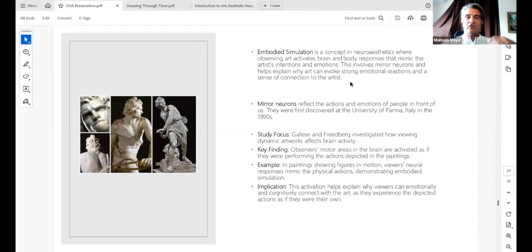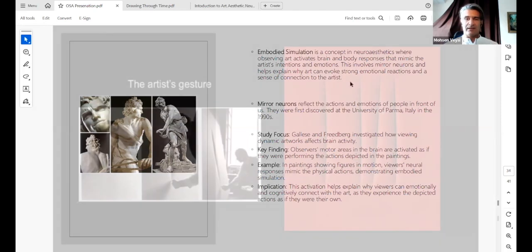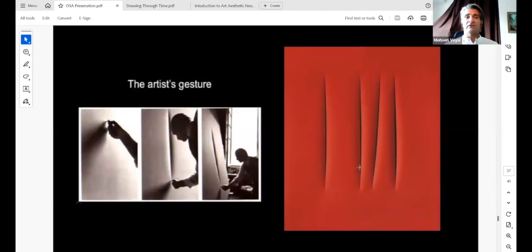Aesthetic experience goes beyond the visual brain, and we perceive artworks with our body. For example, when we look at Fontana's cuts, the same motor areas in the brain activate as if we had been making these cuts.